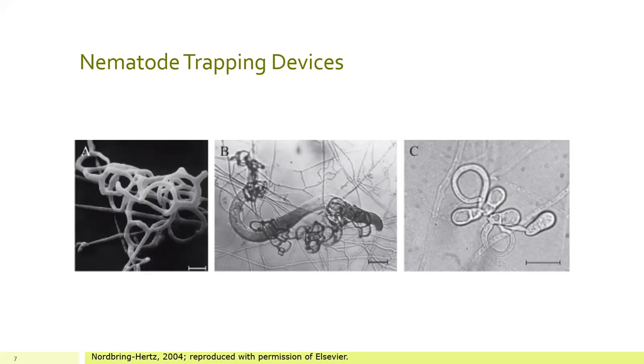But what happens is that once the nitrogen reserves are low, they weave these hyphae around in the soil to create, the best thing that I can describe it as is perhaps a spider's web, right?